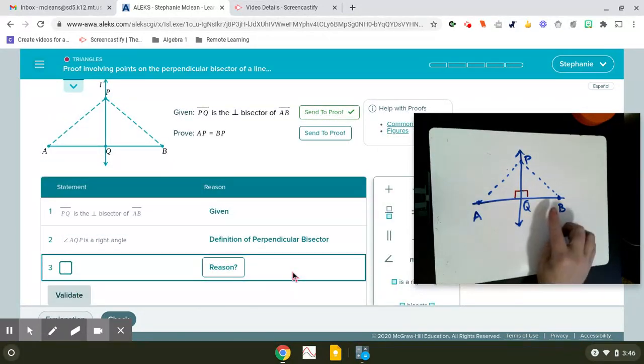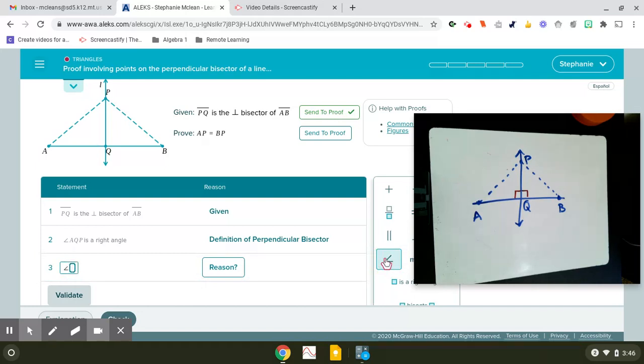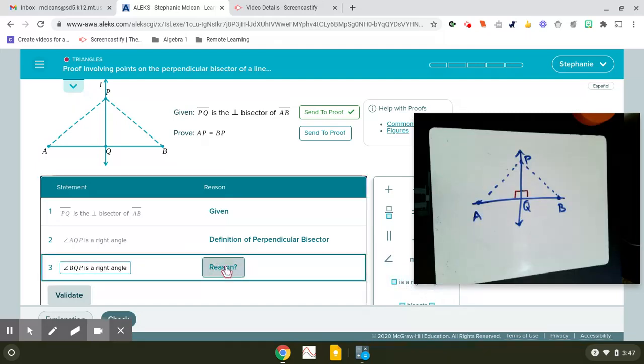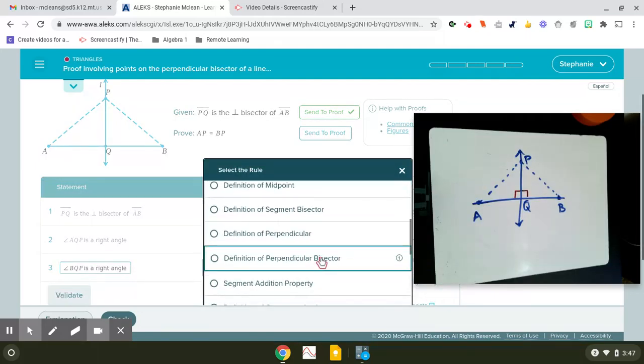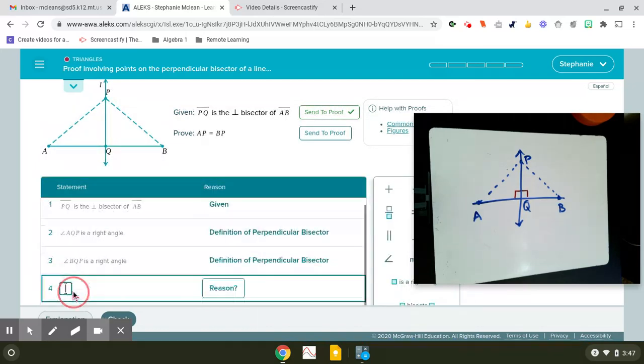Then the other one is also a right angle. So angle BQP is a right angle. Okay, and that's the definition of perpendicular bisector as well.